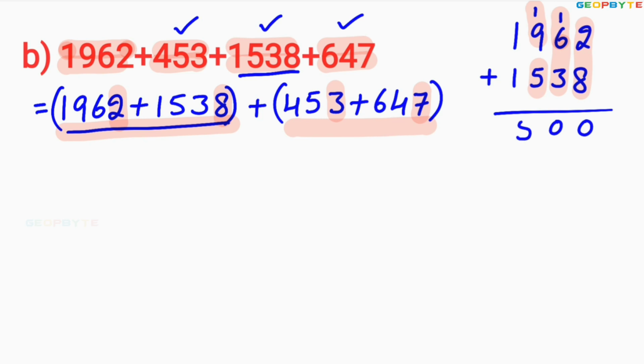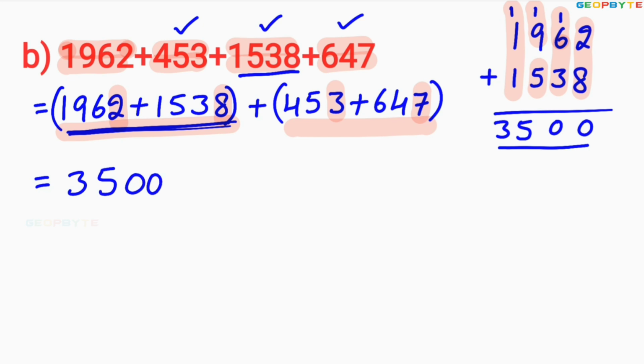Write 5 here, 1 carry forward. 1 plus 1 plus 1, how much? 3. See, I told you, this sum is giving a rounded value. It is equal to 3500.